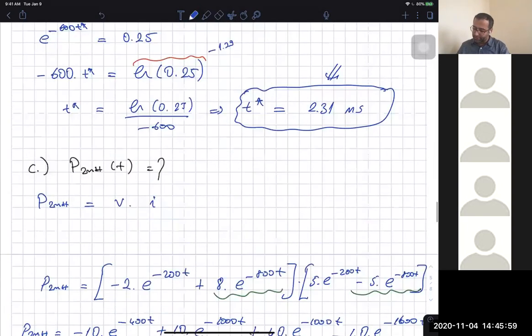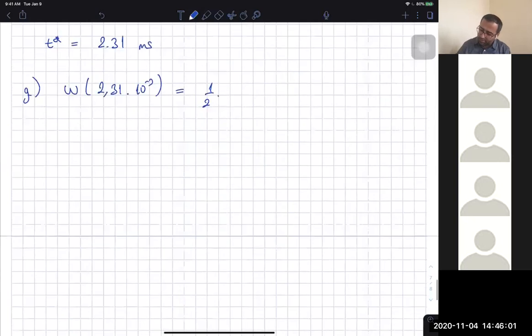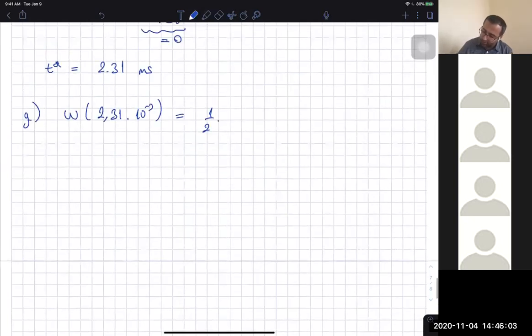Okay, 2 millihenries. So this will be 2 times 10 to the minus 3, and then I will be calculating I squared. So that will be my answer.